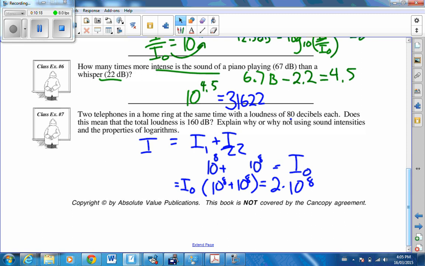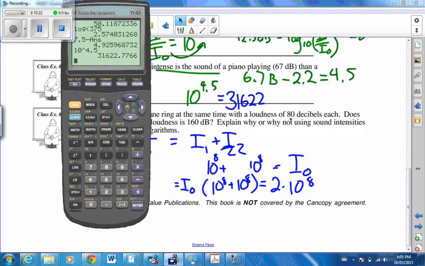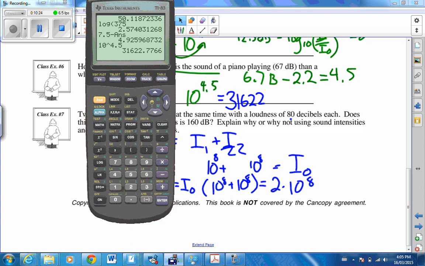And then if I did the log of that, that's going to give me just 8.3, or 83 decibels.